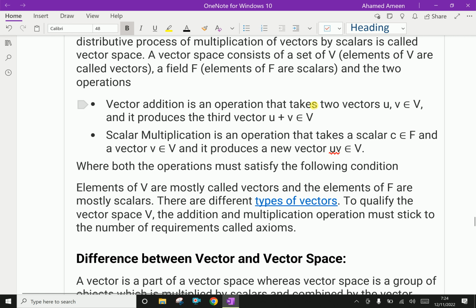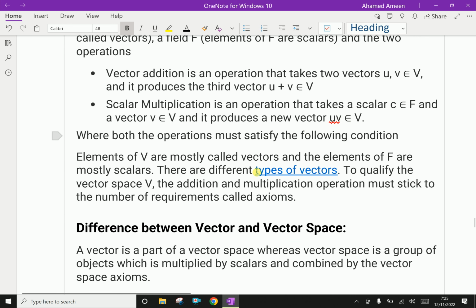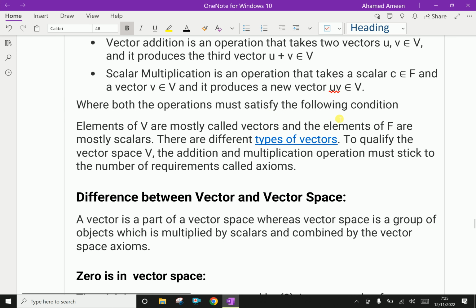Vector addition is an operation that takes two vectors, U and V, elements of V, and produces a third vector, U plus V, which is an element of V. That means if U and V are individually elements of V, then U plus V is also an element of V. Scalar multiplication is an operation that takes a scalar C, an element of F, and a vector V, an element of V, and produces the vector CV; the product of a scalar with a vector gives an element of the vector space, where both operations must satisfy the following conditions.